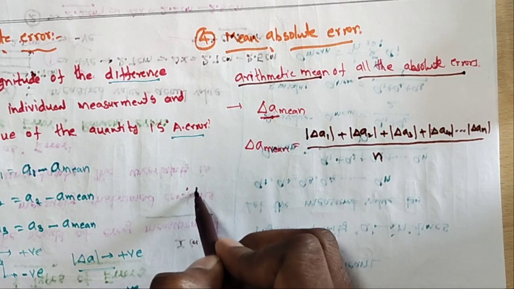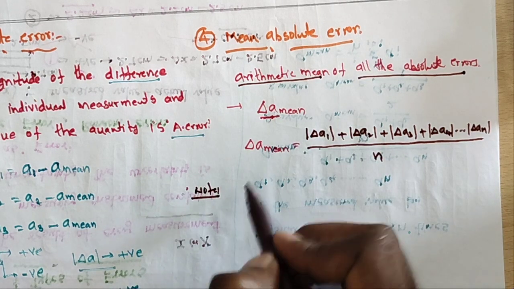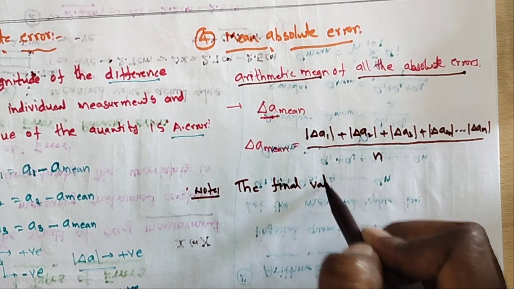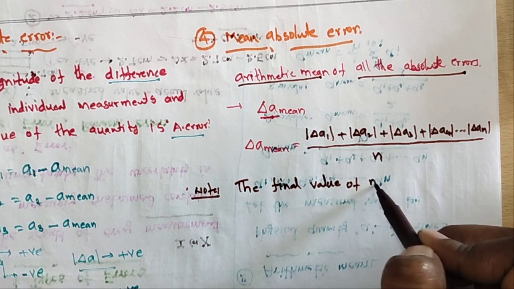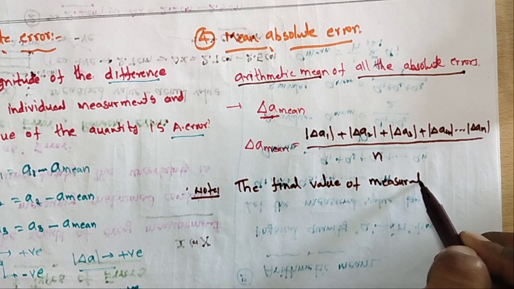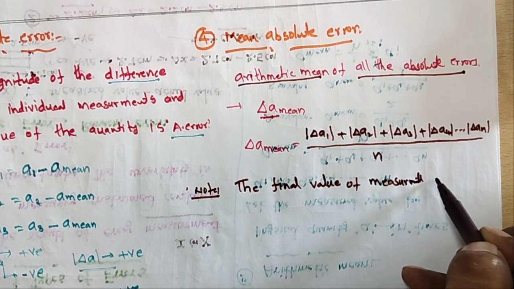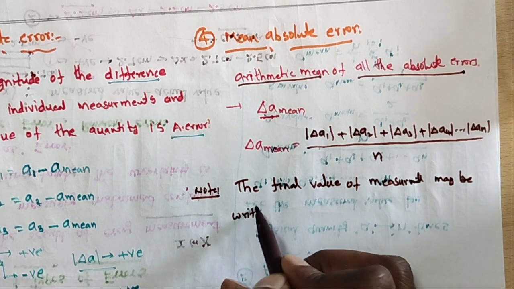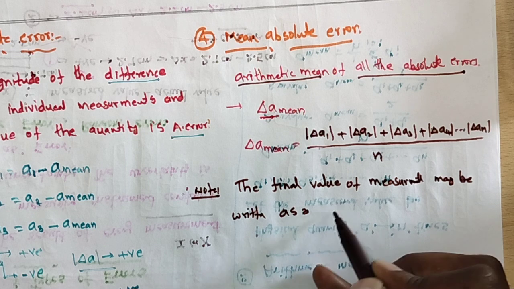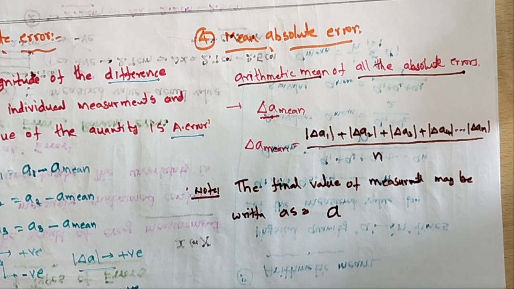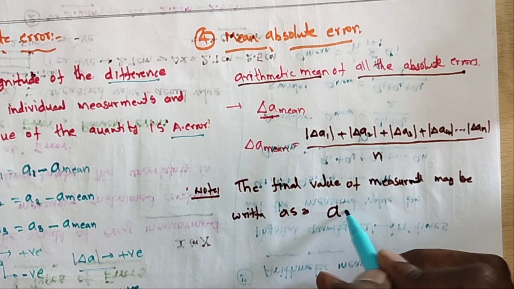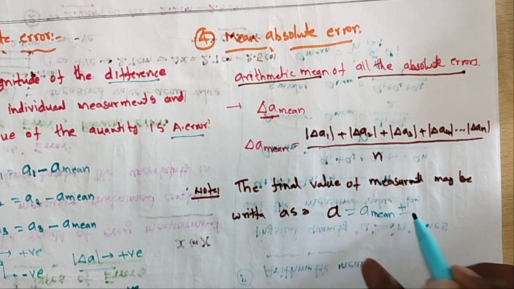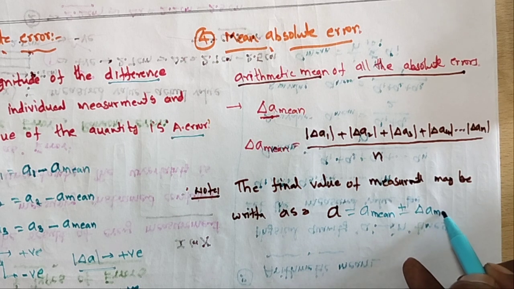Here I am taking one note: the final value of measurement may be written as, small a equal to the final value. Generally you can take a is equal to A mean plus or minus delta A mean.